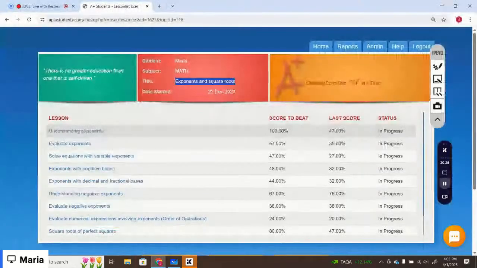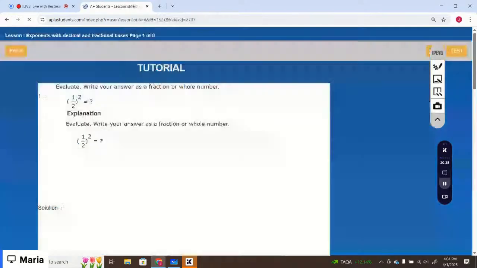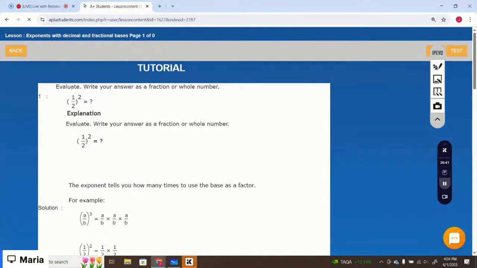The chapter we are on right now is exponents and square roots. Let's start with the lesson exponents with decimal and fractional bases. Evaluate (1/2) squared.